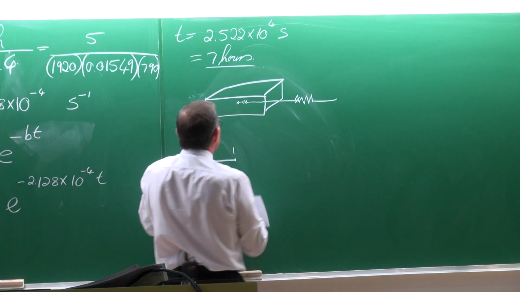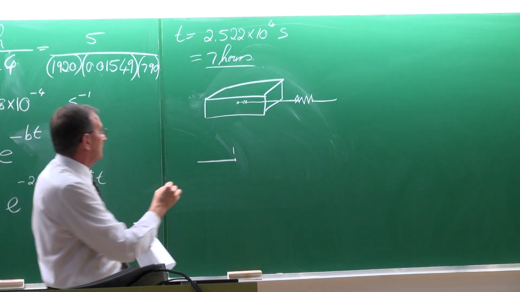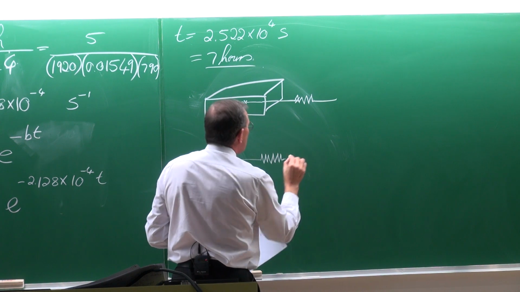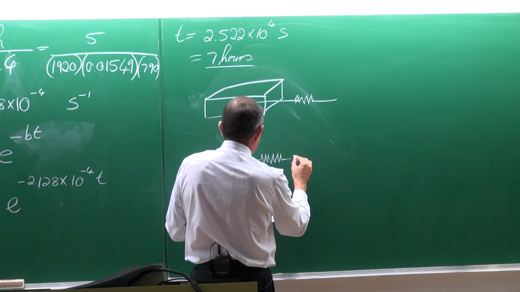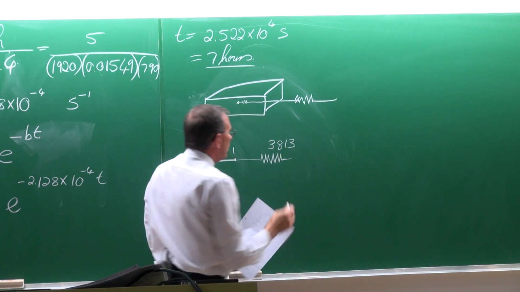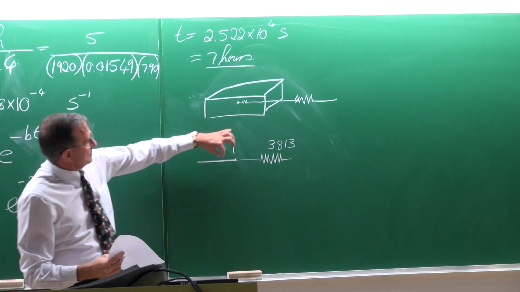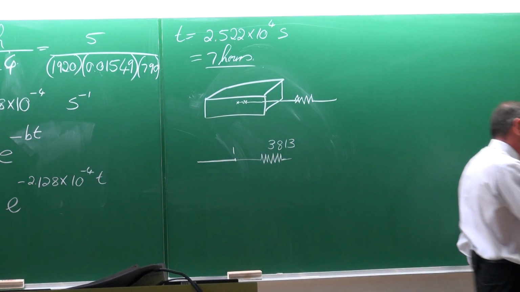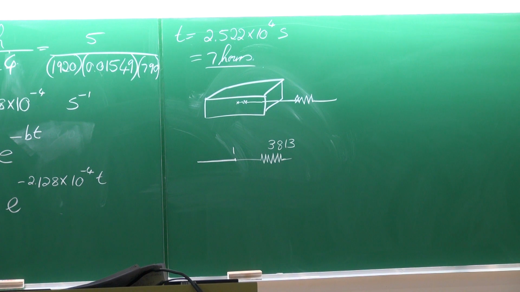If that is 1 millimeter, okay, then the other resistance of the convection would be 3,813 times more. So if this is 1 millimeter, then this resistance will be about 1, 2, 3, almost 4 meters.